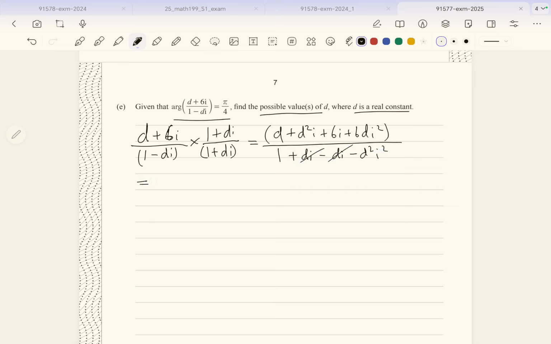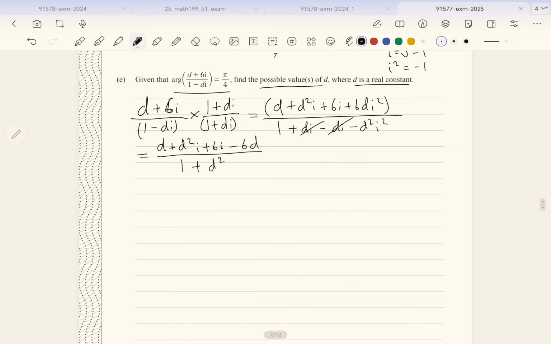Using the same idea, since i is equal to the square root of negative 1, i squared is equal to negative 1. So using that in this expression, we get d + d squared i + 6i - 6d, all over 1 + d squared.